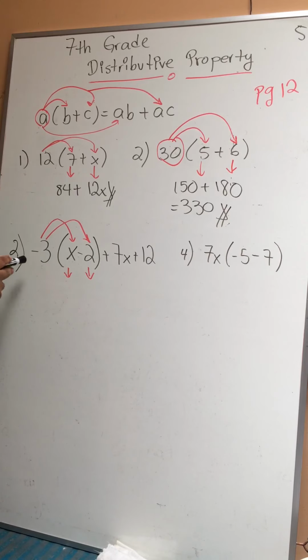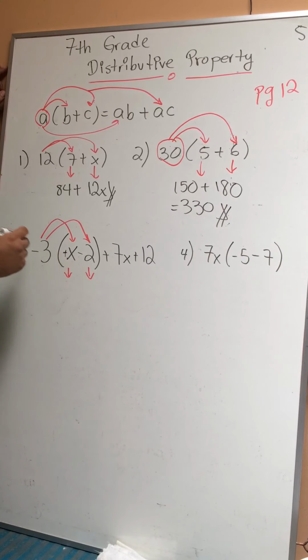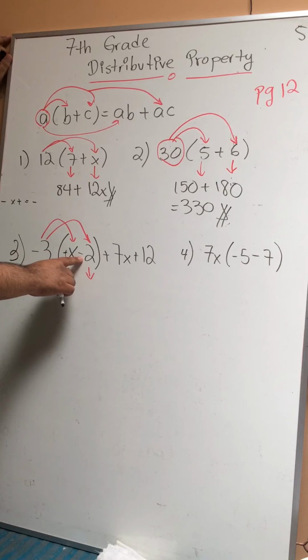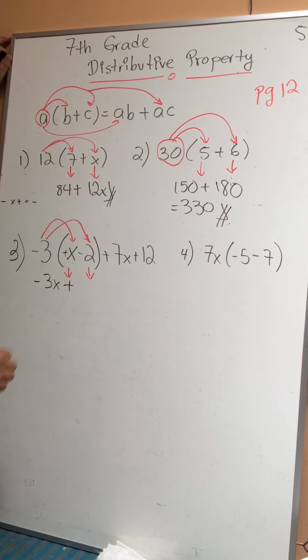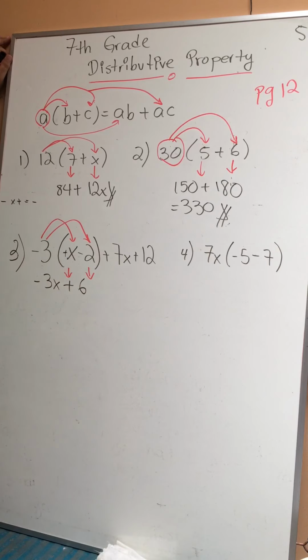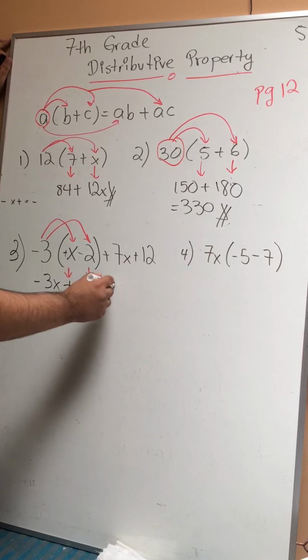So minus 3 times x, x is positive. When we have a negative times a positive, the answer is negative, so that would be minus 3x. Now, negative times negative is positive, and 3 times 2 is 6. Then this one we just copy.